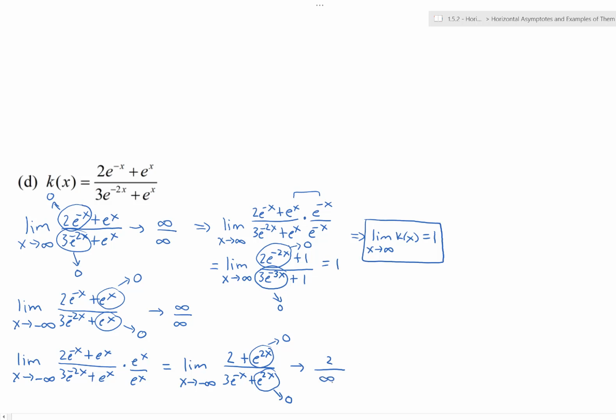It's 2 divided by bigger and bigger numbers. And of course, when I divide a constant by gigantically larger and larger numbers, that's going to go to 0. And hence, the limit as x goes to negative infinity of my function k of x is equal to 0.